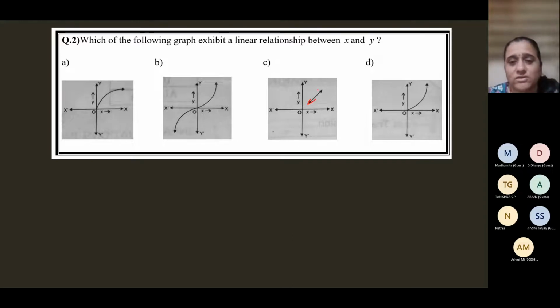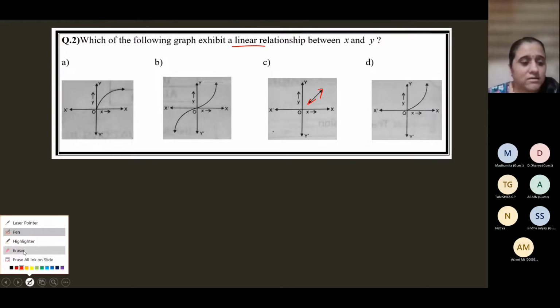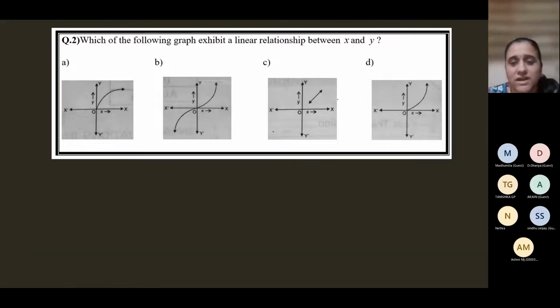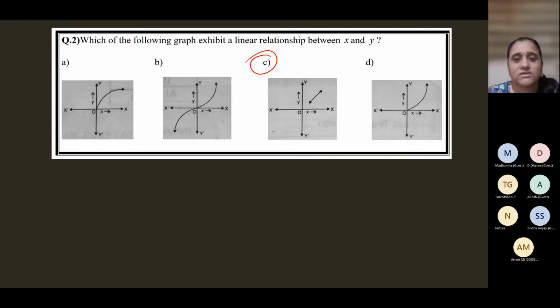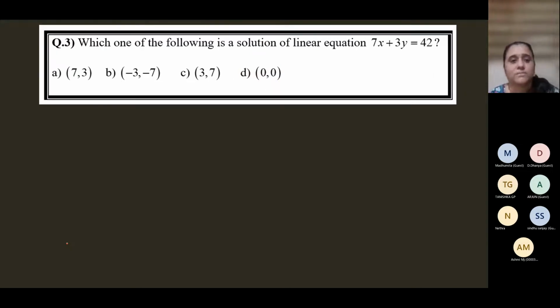You can see the arrows on either end. It's not a line segment. It's a line because you can see the arrows on either end. So option C is the correct option. Very good.